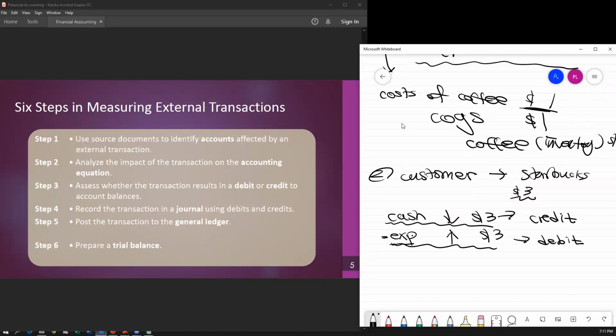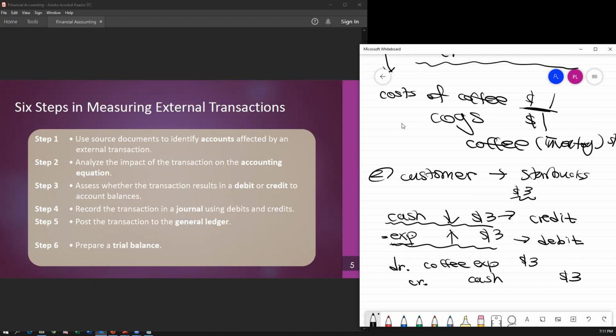So as a journal entry, you're going to be recording coffee expenses of $3 and cash will decrease by $3. You can also say: debit coffee expense $3, credit cash $3.